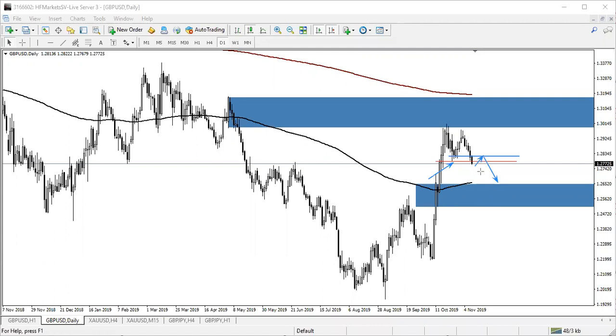We are expecting price to retest the broken neckline, then fall all the way down to this price level, 1.2652. So any point within this zone, our expectation is to the upside.